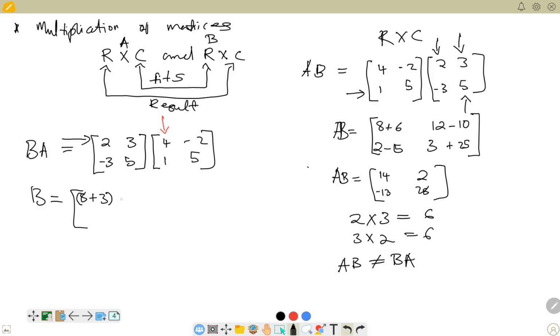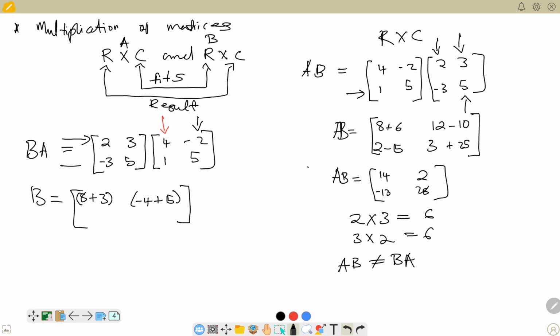Even if we can put this inside the bracket to show that now we need to deal with this column, but using the same row. 2 times negative 2 is negative 4. 3 times 5 is plus 15. Then we are done with the first row of the first matrix.